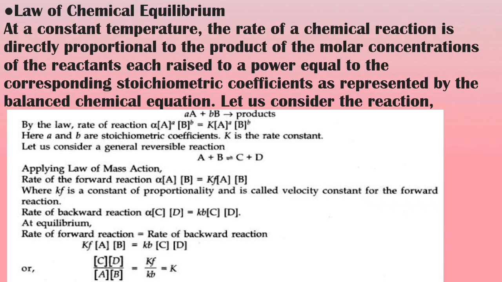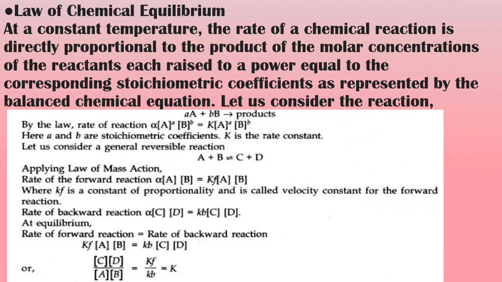And so, in the given example, if we see A plus B, here small a and small b represent the stoichiometric coefficients, and when we write the equation in the form of the equilibrium constant, then we get Kc equal to the molar concentrations of the products upon reactants.